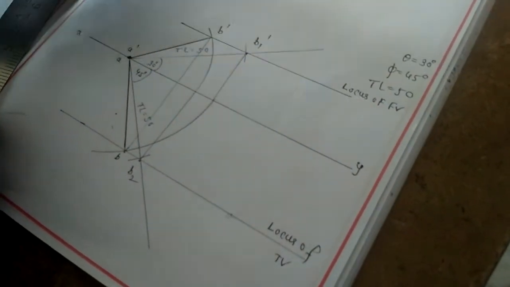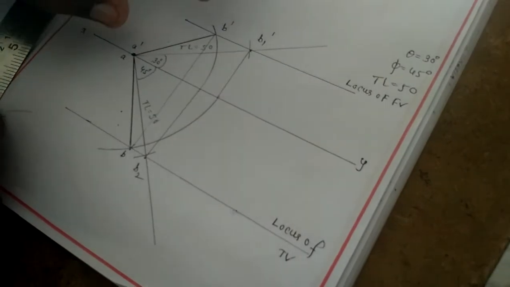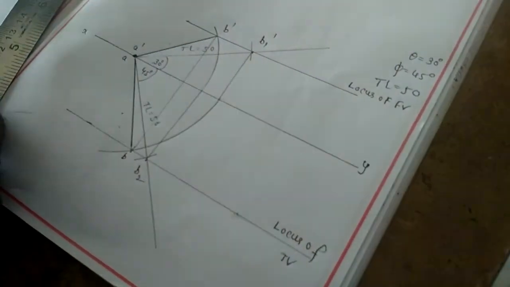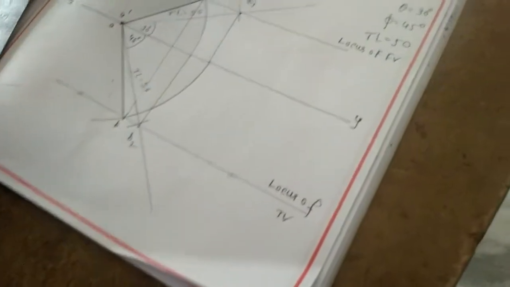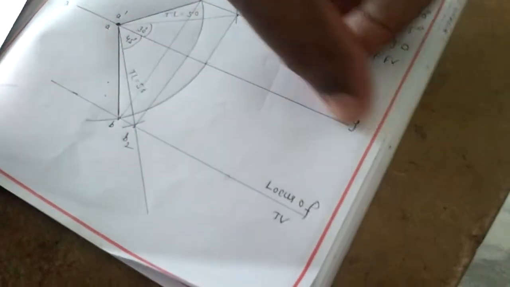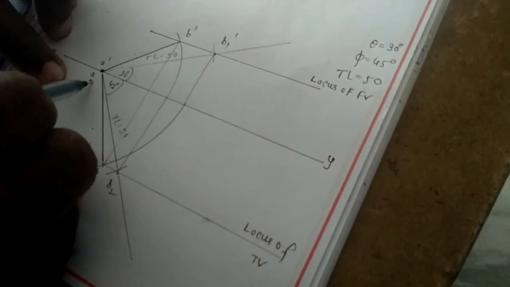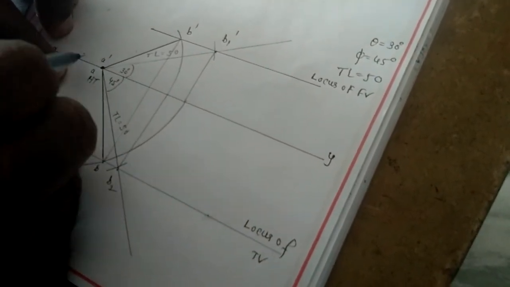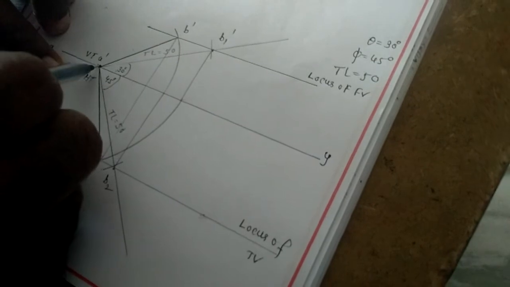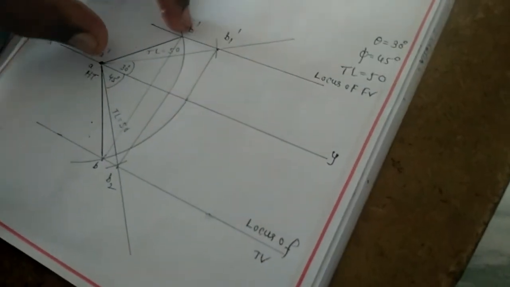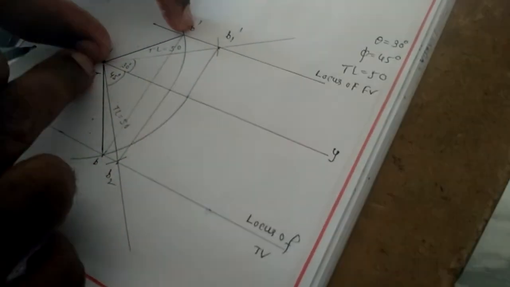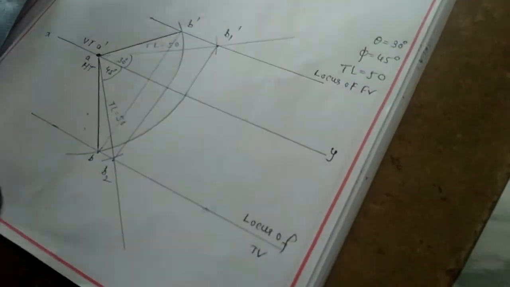Our ultimate aim is to draw the projections of the front view and the top view. But in this problem, they ask for the traces. Here the front view intersects the XY line here only. That's why this is HT. HT and VT both coincide at this point only. Because the front view cuts here and the top view is here also, there is no need to draw a vertical line here.